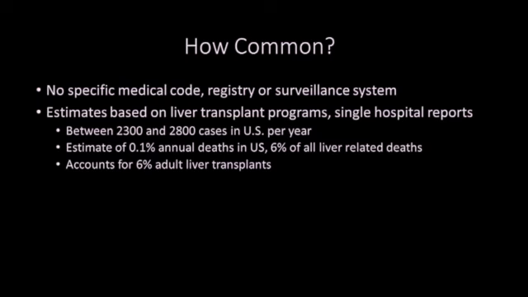The estimates are between 2,300 and 2,800 of new cases in the United States per year. The overall annual death rate is 0.1%, which actually is fairly significant for this relatively rare entity, and it accounts for 6% of all liver-related deaths. In addition, for a fairly uncommon entity, it accounts for 6% of adult liver transplants.